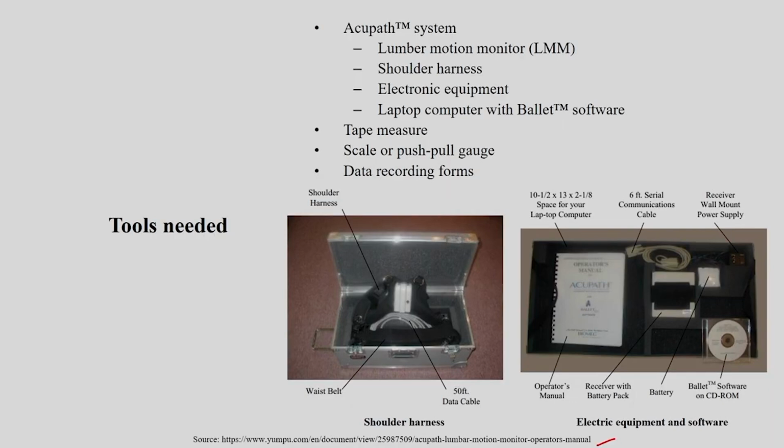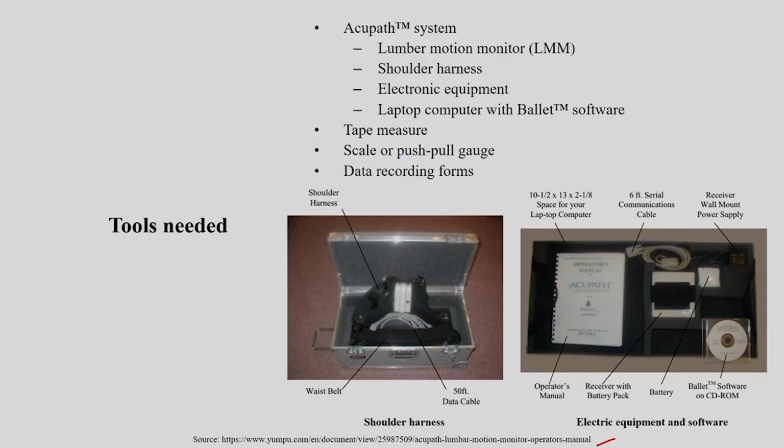So, the lumbar motion monitor, you will have a shoulder harness, small electronic equipment, a laptop computer with particular software which is going to help you in the analysis. Also, you will have a tape measure, scale or push-pull gauge, and a data recording form, because in a particular form you have to record the data.